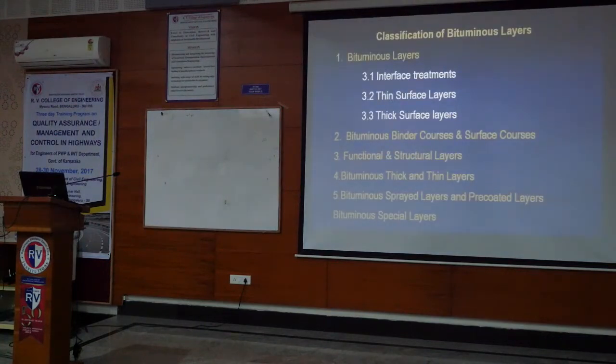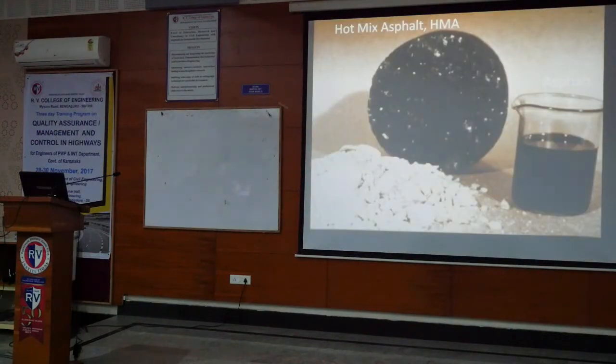These are the different types of bituminous layers. Structural, functional: BC, DBM, BM, PMC, SMA, so many layers are there. End of the day, in any bituminous mix, 95% is jelly, aggregate, and about 5% is the binder.